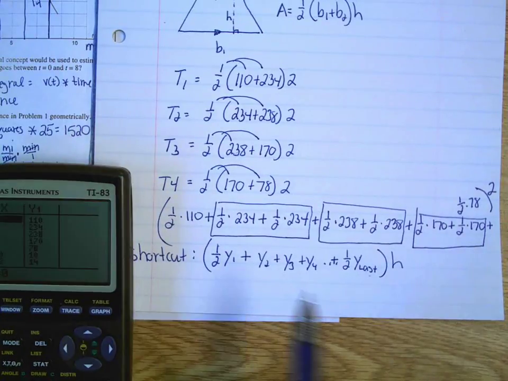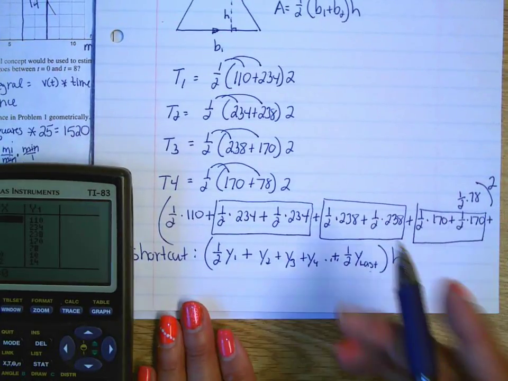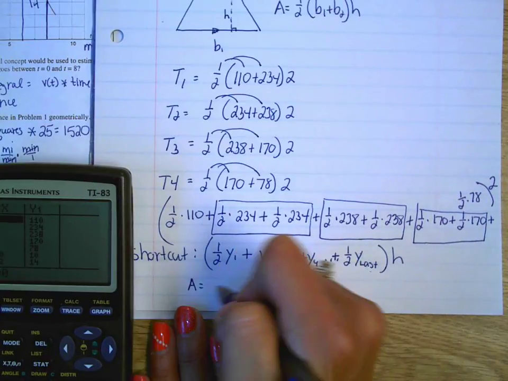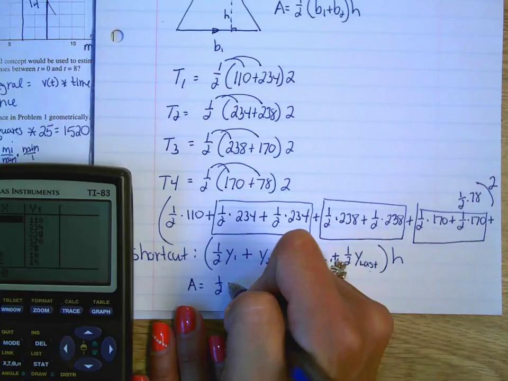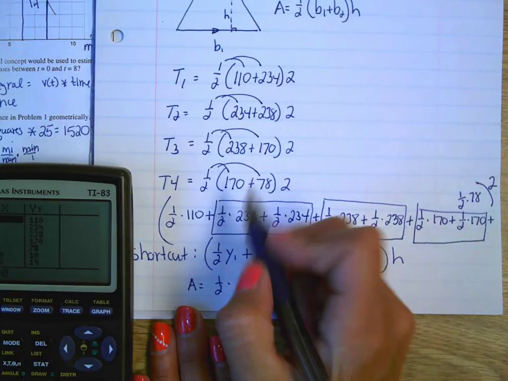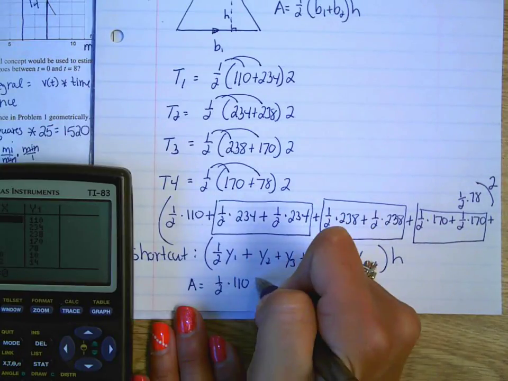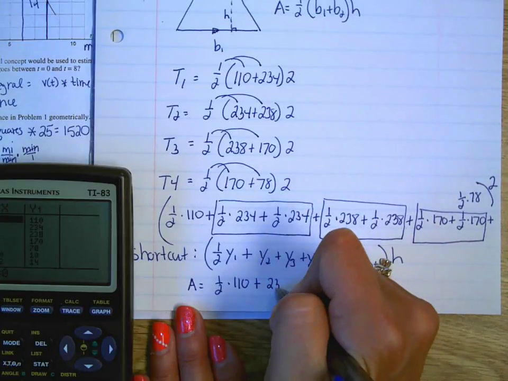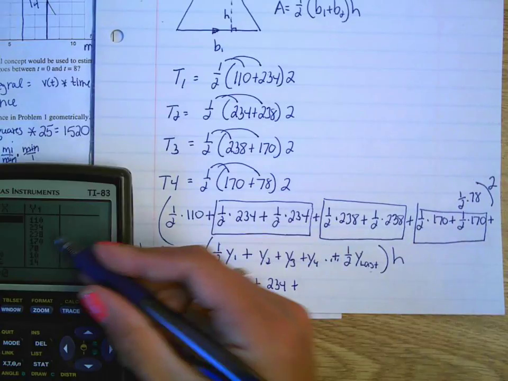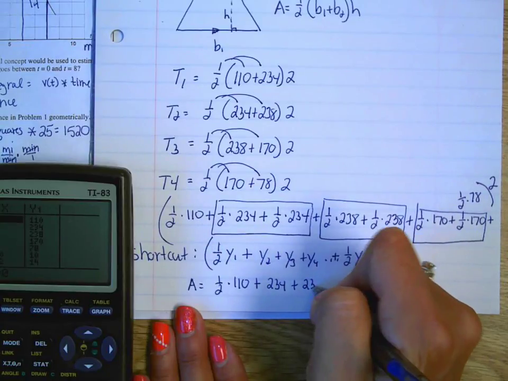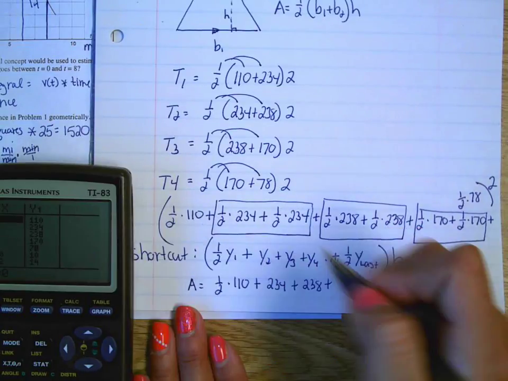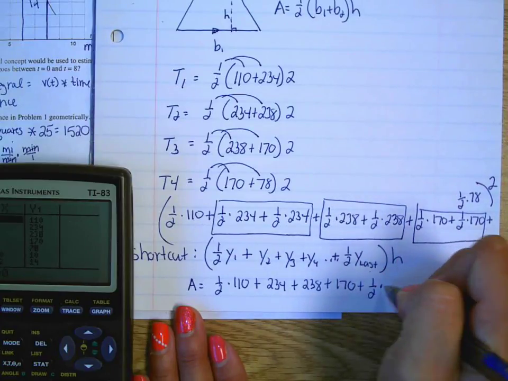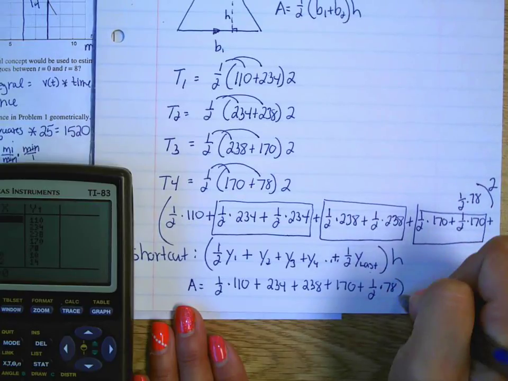So if I was to start this problem all over, what I would want to see on the quiz or the test is that the area equals 1/2 of the first y value, 110, plus the next whole y value, 234, plus 238, plus 170, plus half of the last y value, 78.